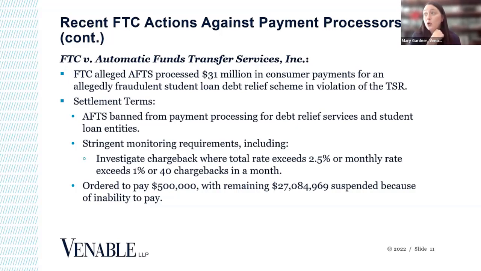If the total rate exceeds 2.5%, or a monthly rate exceeds 1%, or 40 chargebacks, 40 chargebacks can be a really small number, and this to me seems like a very sensitive trigger to initiate an investigation, and could be viewed as putting a really large burden on a payment processor's compliance department to trigger investigations as frequently as this could, especially if you have high volume merchants.